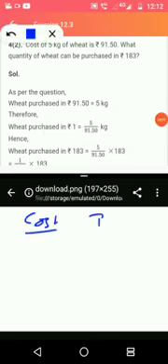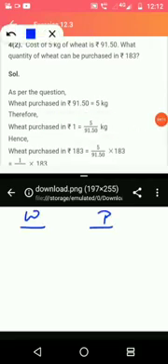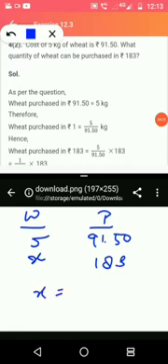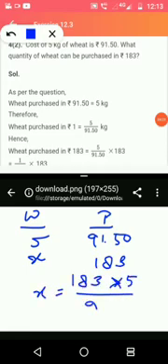Okay. Next. If the cost of 5 kg wheat is 91.50, same thing, we will write weight and price. So 5 kg is costing 91.50. And then what is the quantity for 183? So again cross multiply. 183 into 5 divided by 91.50. Now I can multiply 10 or 100 up and down to remove the point.